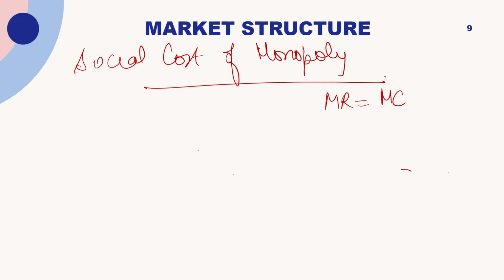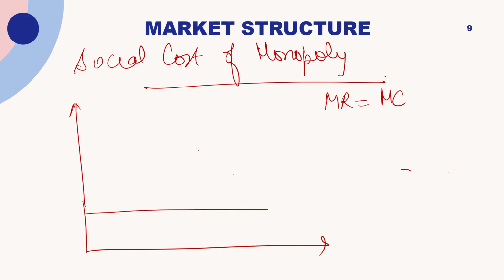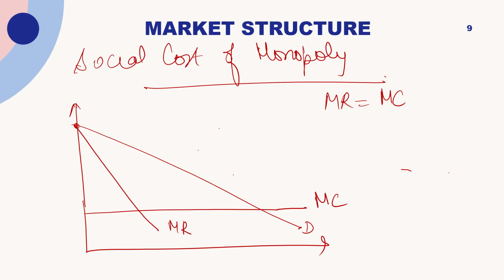Okay, so let's understand this part from the graph. It will be more clear. So this is our MC. From this point, let's get down two lines. One will be a demand curve line and one will be an MR. So now we know that when we bring down this point, P is equal to MC, will we take point A or point B?